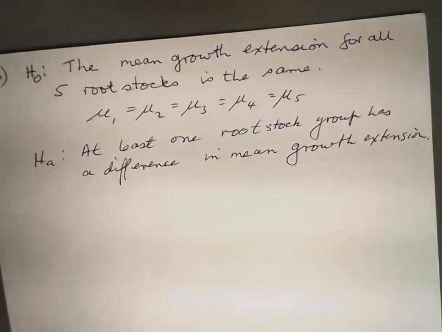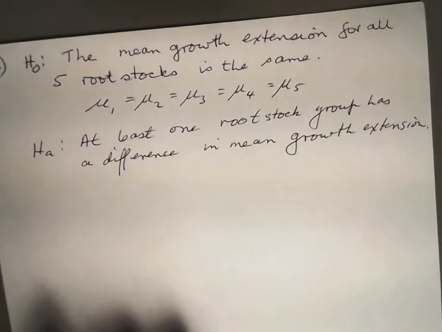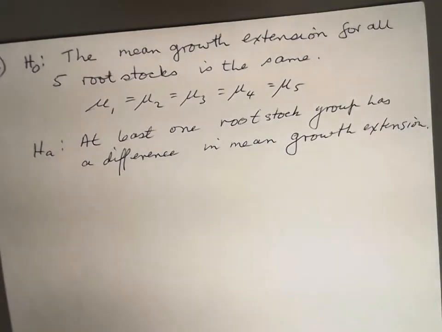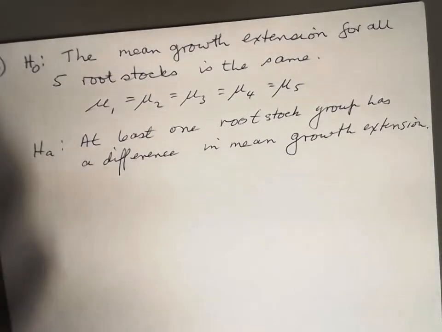Okay, because that covers a lot of different possibilities. We could have only one different, we could have them all different, we could have some equal but those two subgroups not being equal. We don't use symbols to define our alternative hypothesis. We leave it in words.